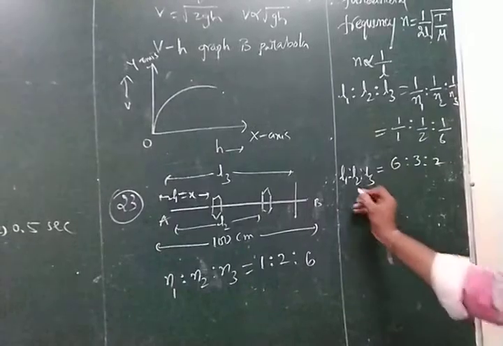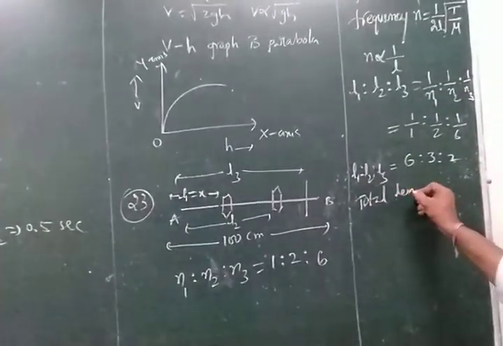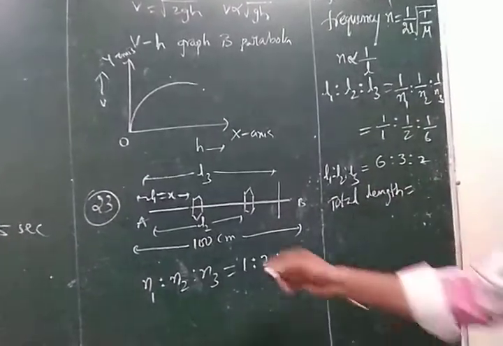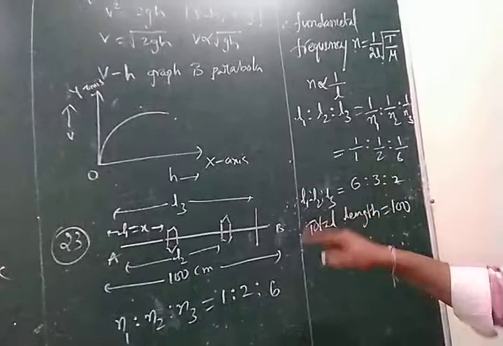See, the total length is given. The total length is 100 centimeters, and here we consider x, because we can find the individual lengths from it.